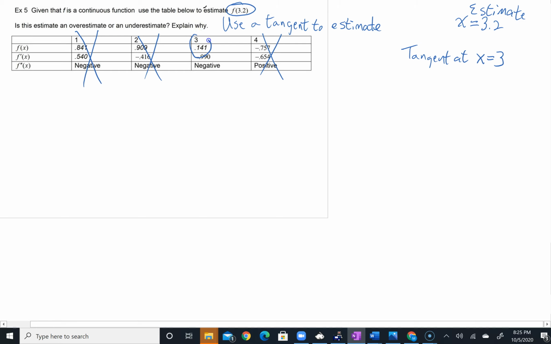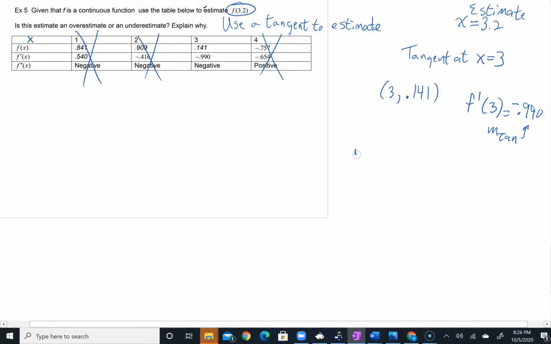Now, in this table, you can see that we've got our x values up here. We're going to have the point 3, 0.141. That's what f of x is. And we know that f prime of 3 from this table is going to be negative 0.990. Guys, that's the slope of the tangent line right there.